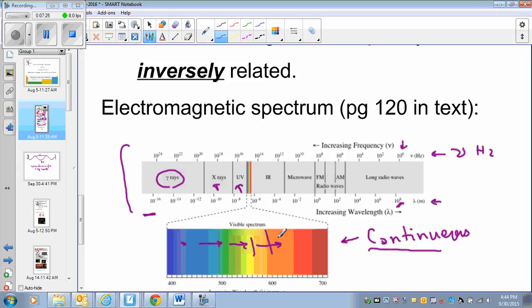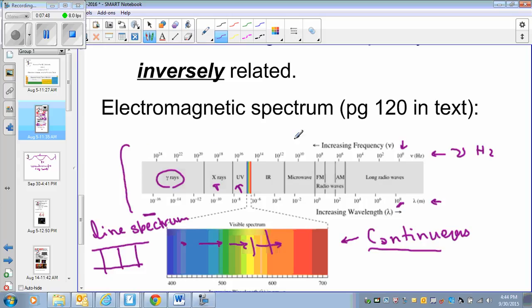Whereas if we talk about the spectrum of an element, we get very defined lines, and that is called a line spectrum for a particular element, which I will talk about later on. But I just want to share that there is a difference between the line spectrum and the continuous spectrum. Here is the electromagnetic spectrum.